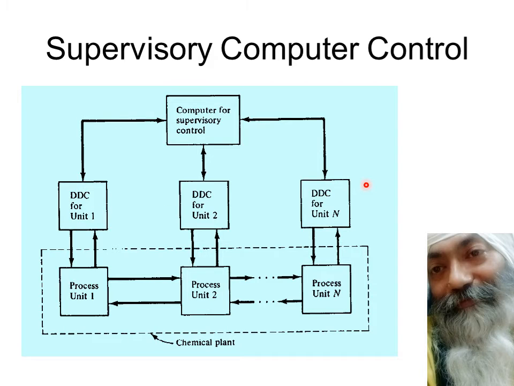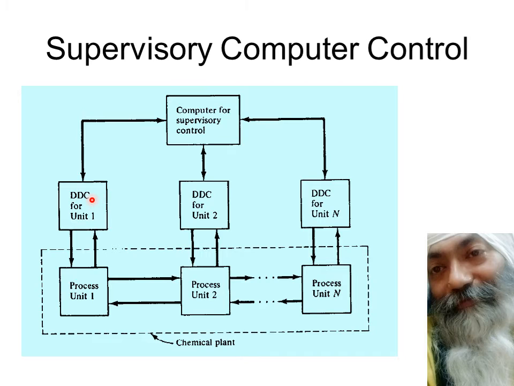But to coordinate all these DDCs, you have to have supervisory control, which gives us the bigger unit, because we want to optimize the plant. We want to have a complete eagle's eye view of the plant. What will be the best operating point? What will be the best operating policy for the plant?